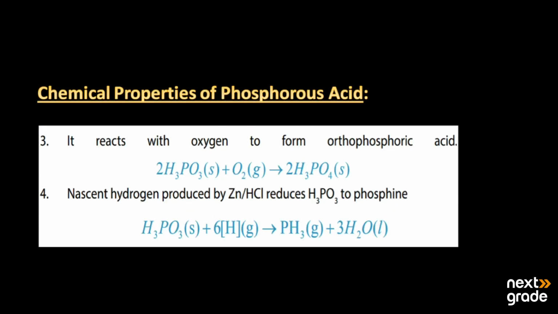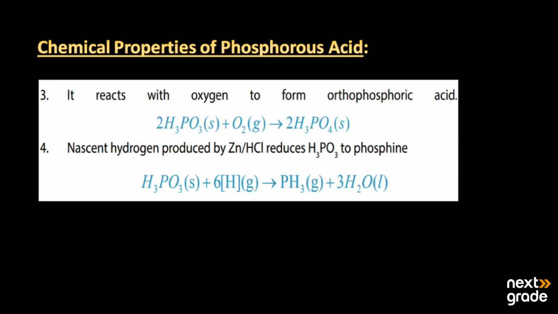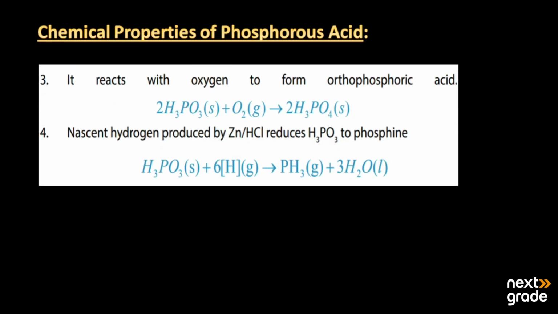Now we have the third and fourth chemical reactions of phosphorus acid. It can react with excess oxygen to form orthophosphoric acid, so this can also be used for the production of this acid.